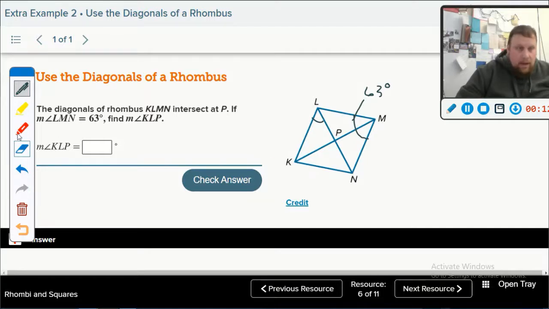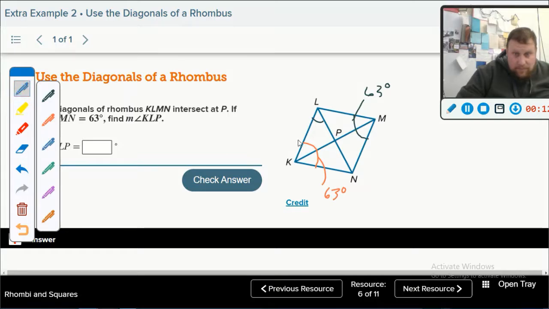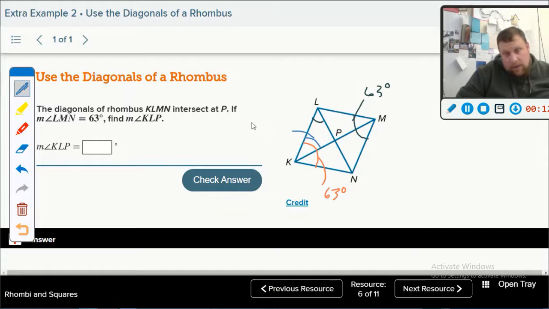Okay, this is very similar to another problem we just did. What do I know? I know that this angle is also 63. And I know that half that angle is going to be what? 31.5.